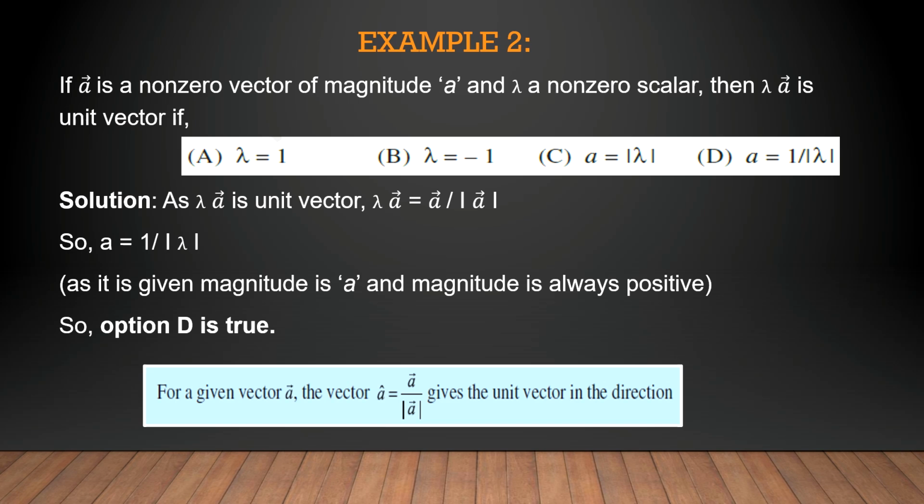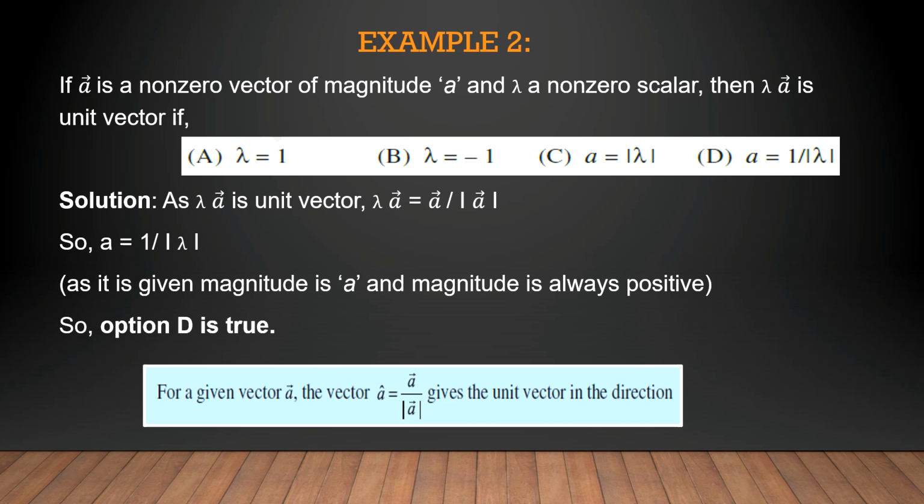Next example: if A is a non-zero vector of magnitude A and lambda is a non-zero scalar, then lambda into A is a unit vector if which of the following conditions is satisfied. Since you want your lambda into A to be the unit vector, by definition it is vector upon its magnitude. So lambda into A should be equal to A upon magnitude of A. So in this case, your lambda should be 1 upon magnitude of A, or A should be 1 upon mod lambda.